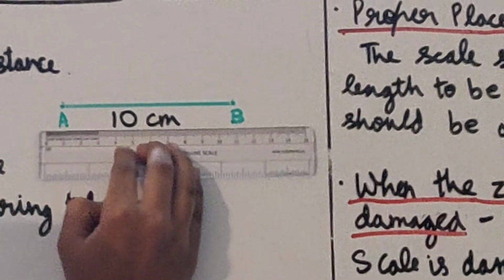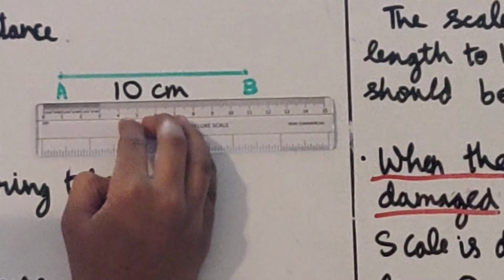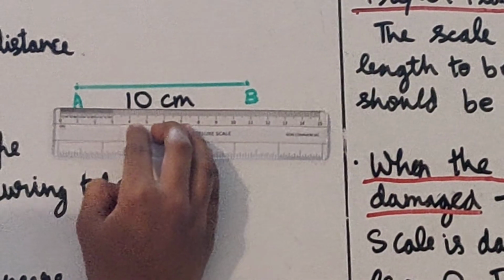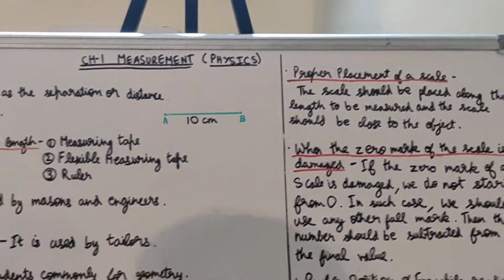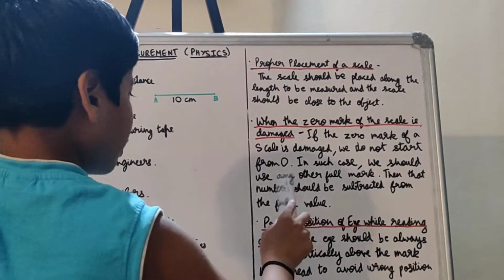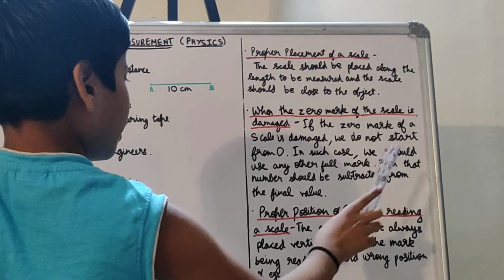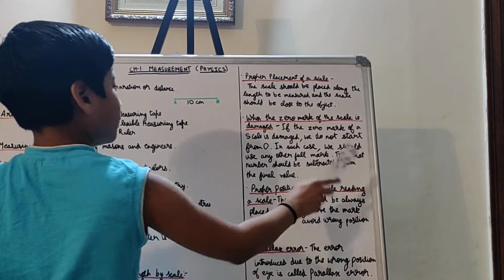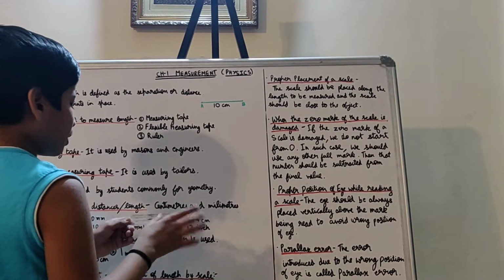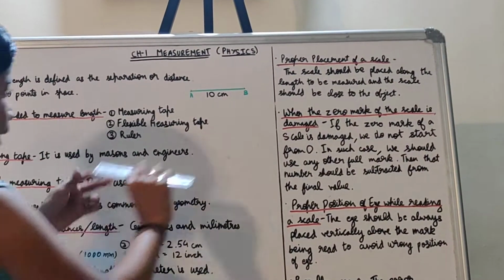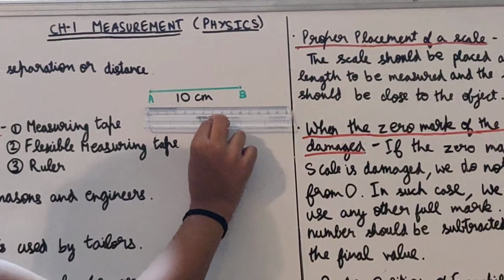So now you can see that it is showing 11 centimeters. In such a case we should use any other full mark and then that number should be subtracted from the final value. Means 11 should be subtracted with 1. 11 minus 1 is 10 centimeters.